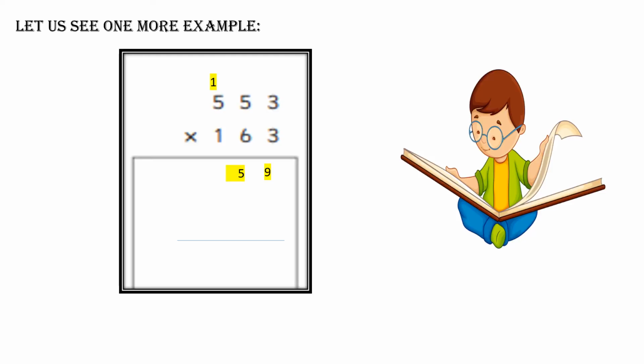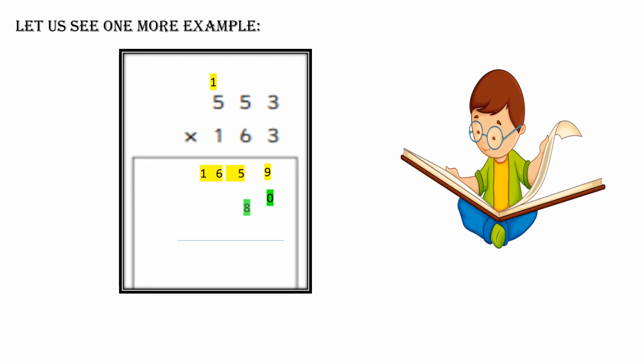Now 3 into 5 again is 15. 15 plus 1 gives me 16. Now I am supposed to multiply 553 by 6. But 6 is in tens place. So I'll place a 0 in ones place and then start writing the product from the tens place.